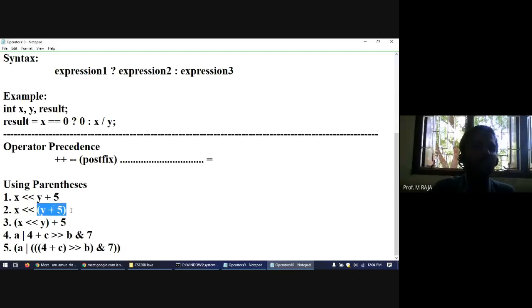Parentheses are extra introduced, right? Introducing the extra parentheses here, one can easily conclude that y is added with 5 and then the bitwise left shift operation is performed. Here the concept is that plus takes the first precedence. So y plus 5 is evaluated and then x shifted left by that result.